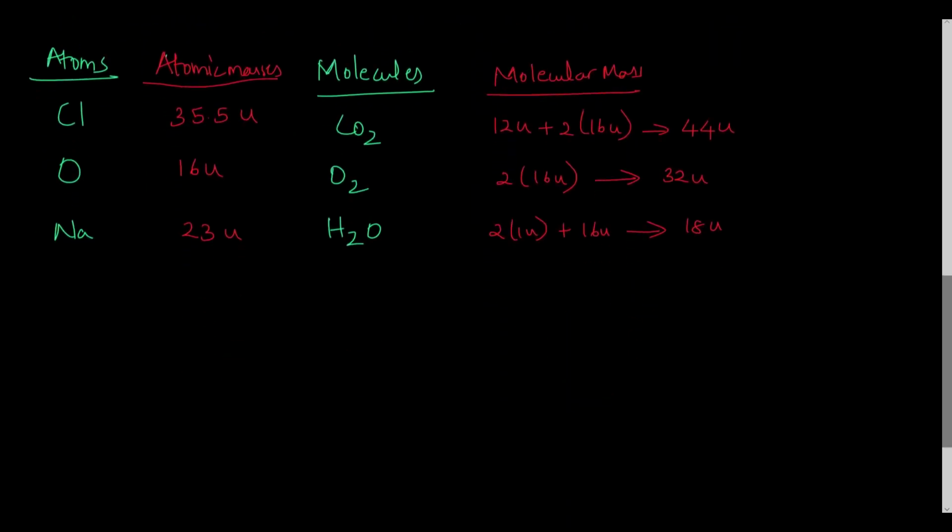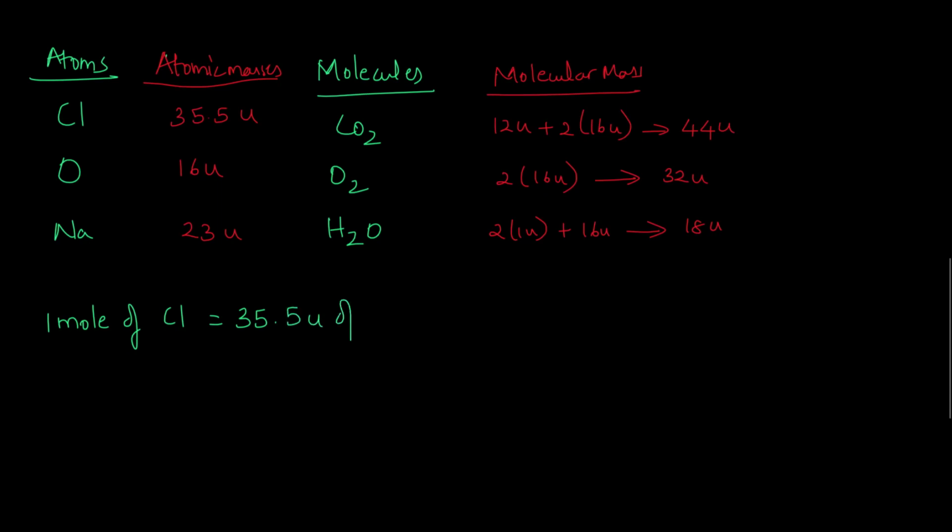Now, according to mole concept, we can say that 1 mole of chlorine is equal to 35.5U of chlorine, or 35.5 grams of chlorine, which in turn is equal to some number. What number? Avogadro's number.